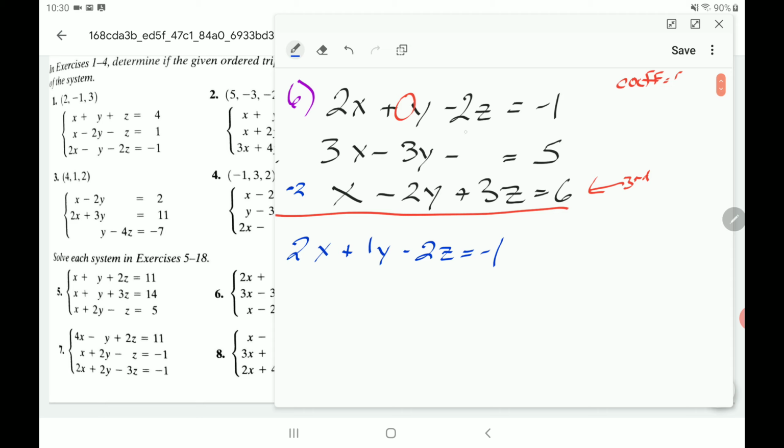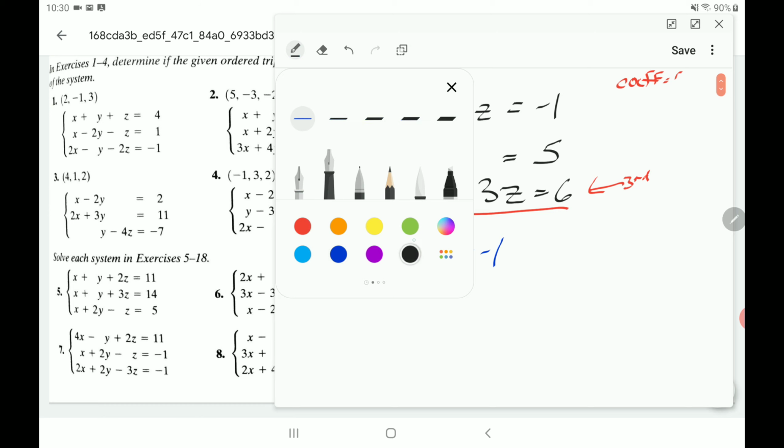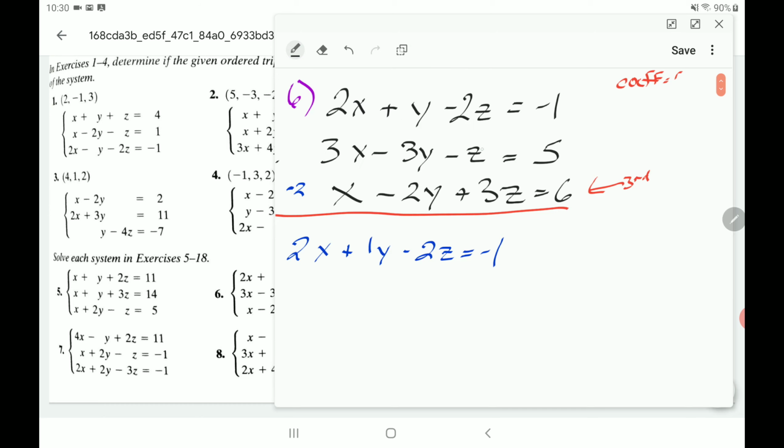Or that one. Or that. So, all right. I'm going to multiply this whole equation by -2. So it's going to give me -2x plus 4y minus 6z equals -12.